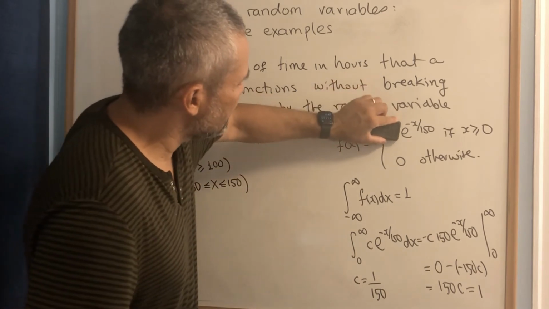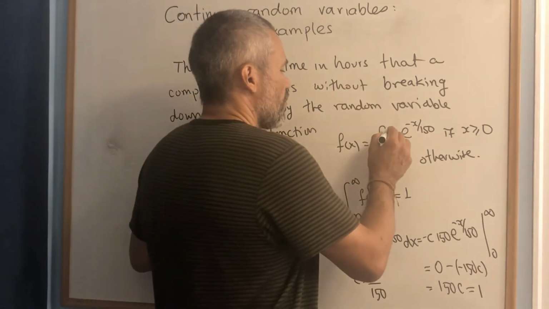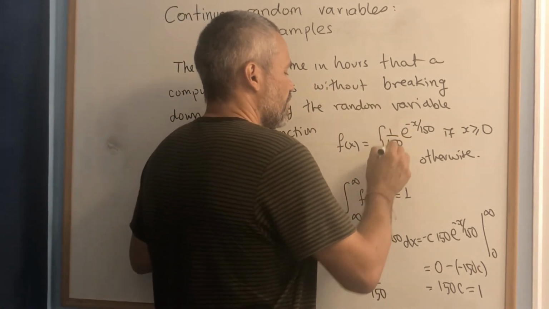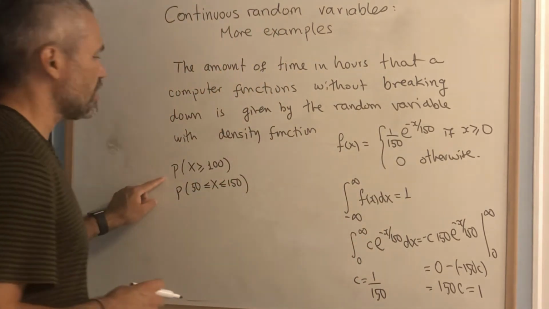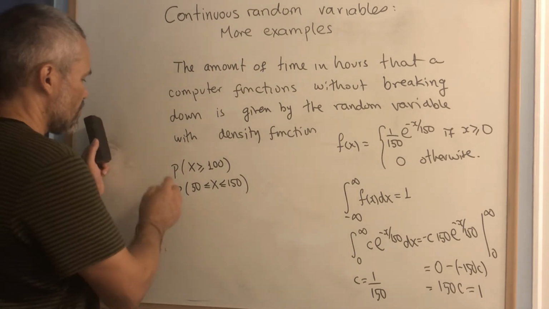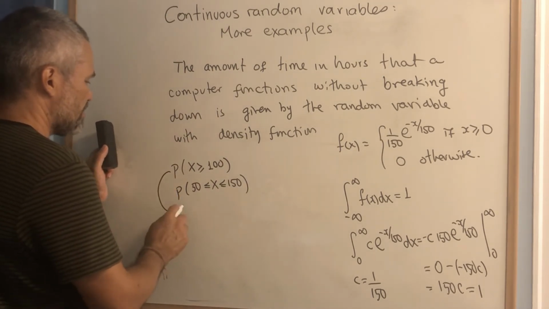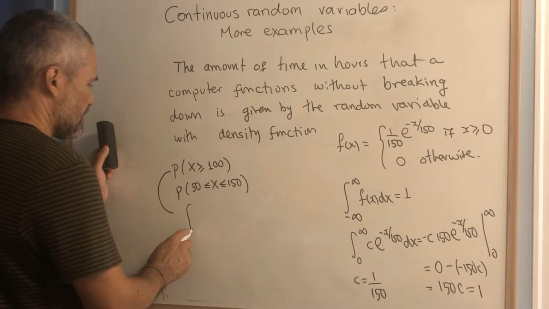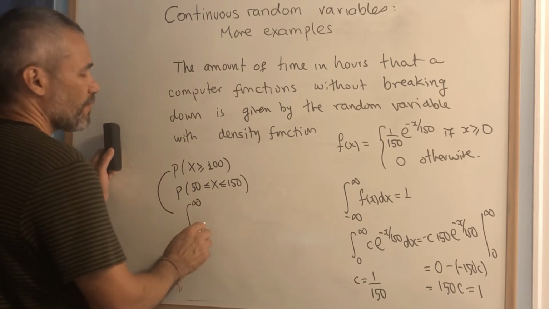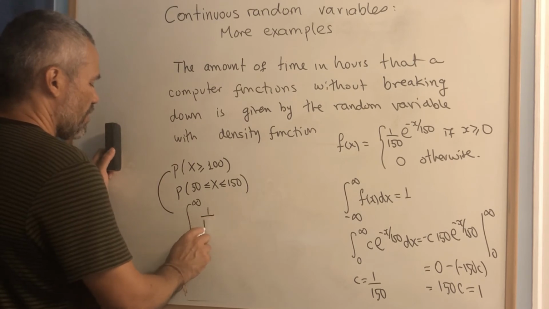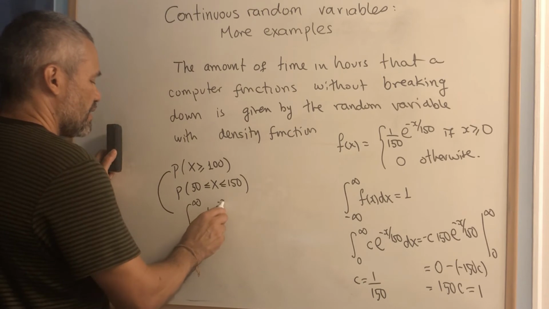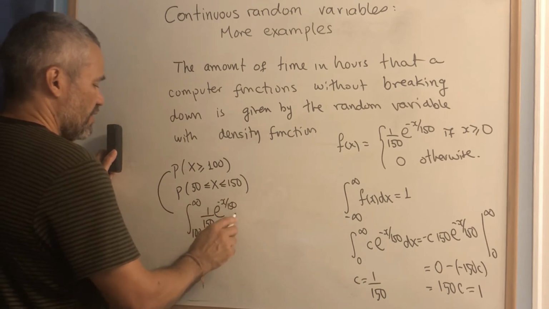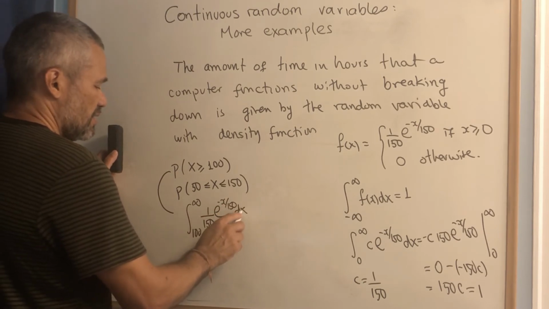Then this c here is 1 over 150. Now that we have the density function, we can compute these two probabilities. First, the probability that x is bigger than 100 is the integral from 100 to infinity of 1 over 150 e to the negative x over 150 dx.